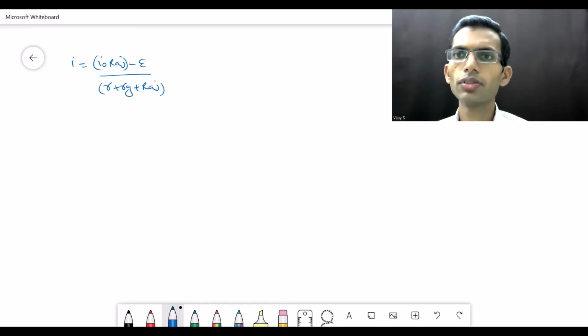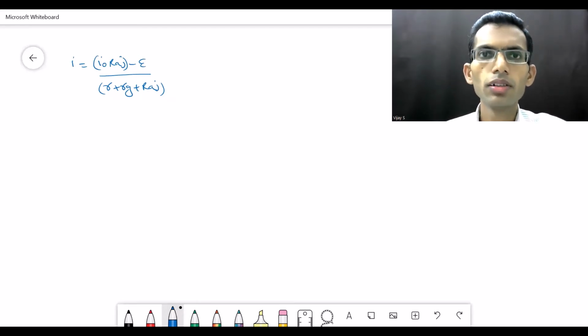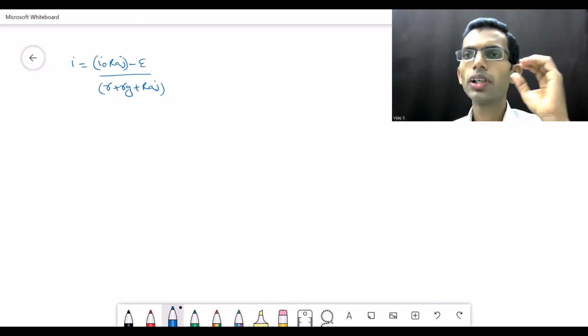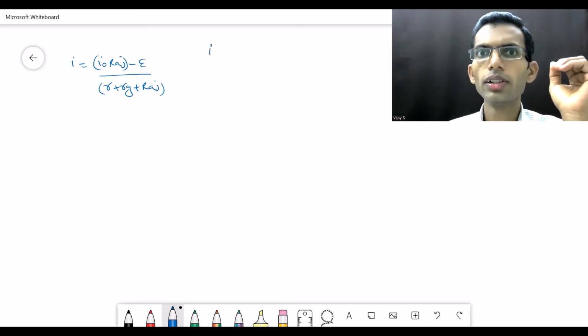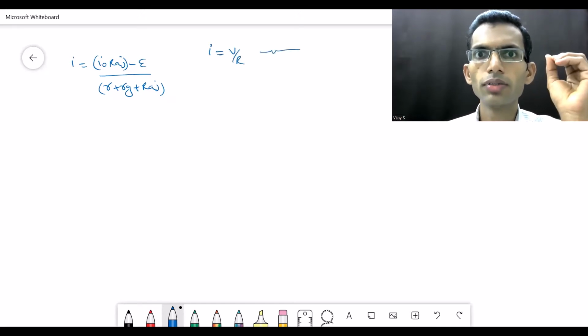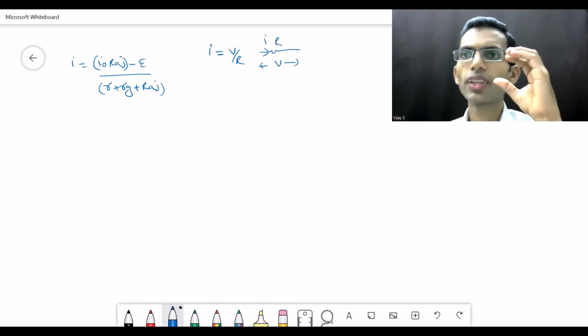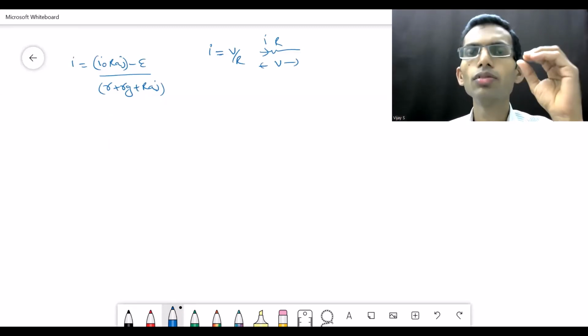For that we need to refer to Ohm's law. Ohm's law relates the current flowing through the resistor and the potential difference across the resistor. When I is the current flowing through the resistance R, and V is the potential difference across the resistance R, they are related by Ohm's law like this: I is equal to V by R.